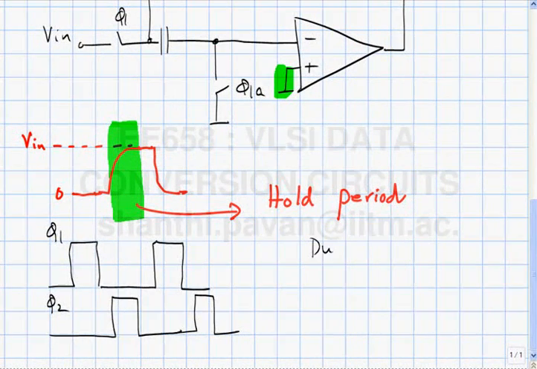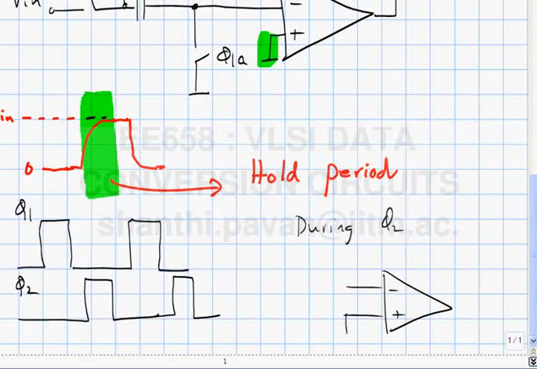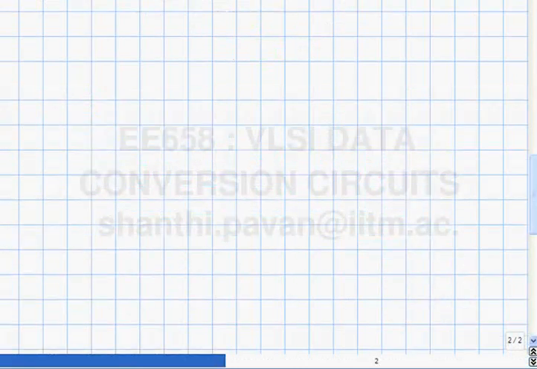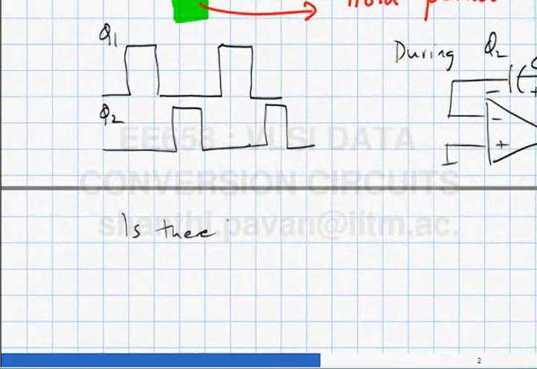So during phi 2, this is being charged to some voltage Vn. So the question is, is there DC negative feedback during phi 2?